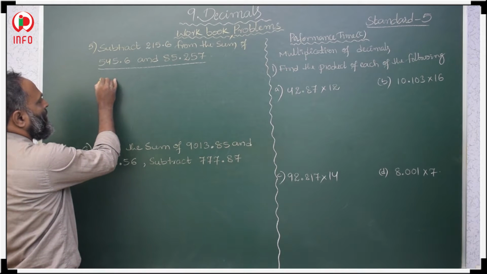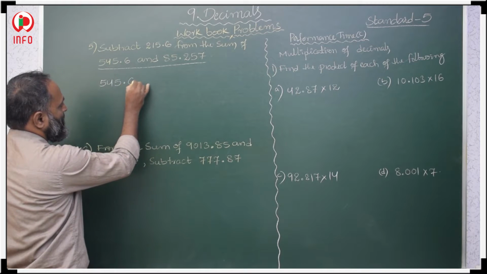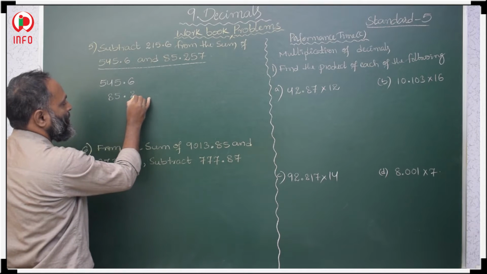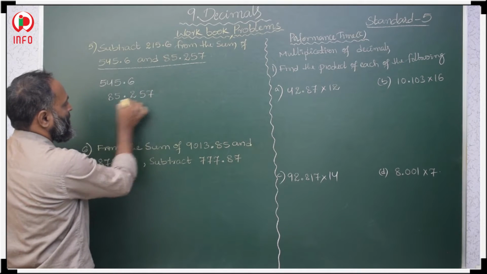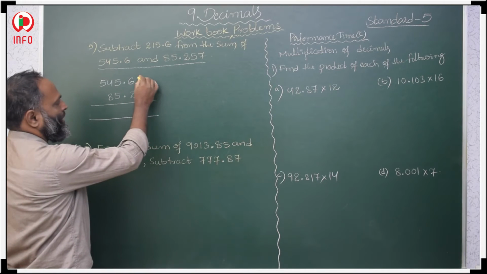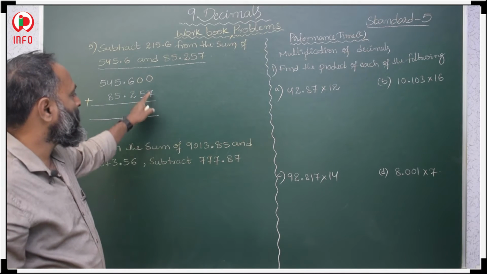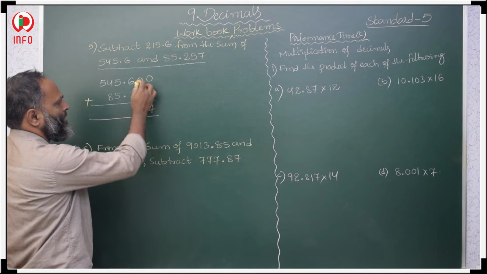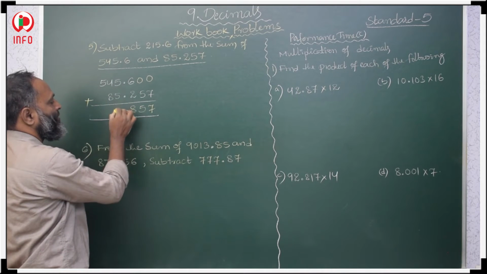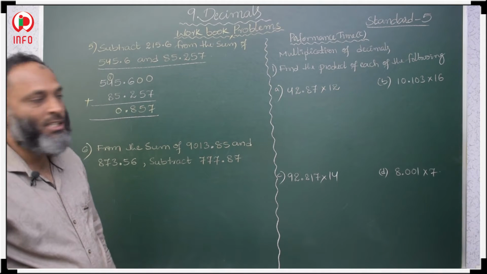So 545.6 and 85.257. Find the sum. Here there is no hundredths place and thousandths place, keep zeros there. 0 plus 7, 7, 0 plus 5, 5, 6 plus 2, 8, 5 plus 5, 10, 10 means 0 in 1's place, 1 carried over to 10's place.